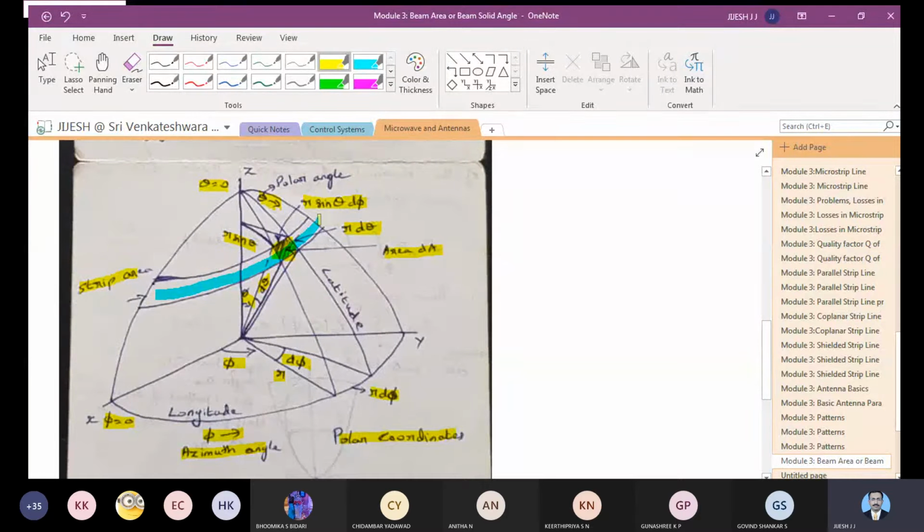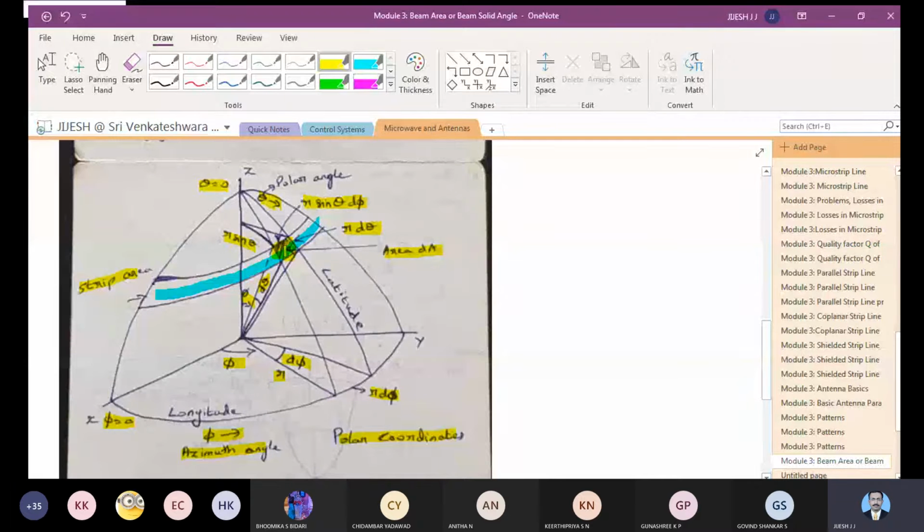By considering all these things, we can find the area through which the signal is being transmitted to outer space. You call that the incremental area, or if you want to find it for the entire thing, you can integrate it. That is what we will see here: the beam area.